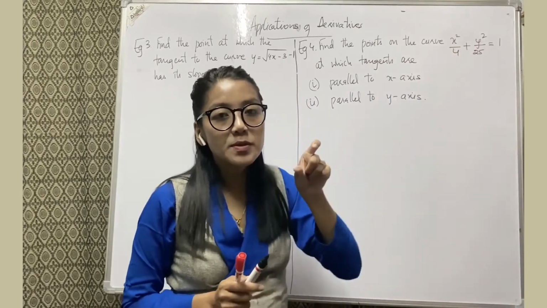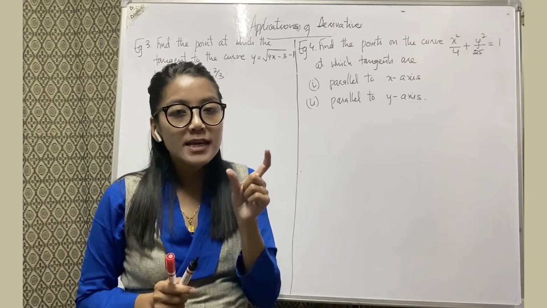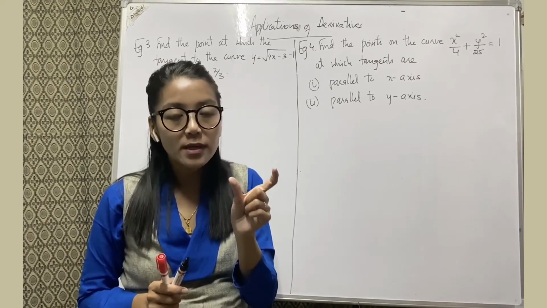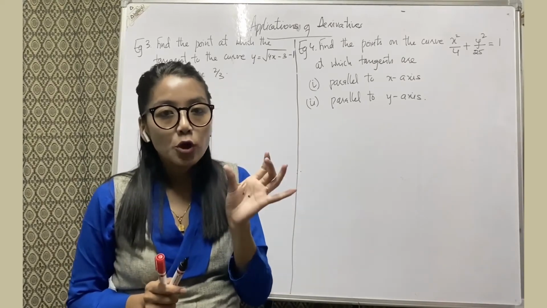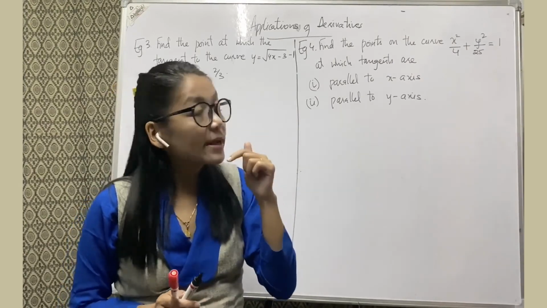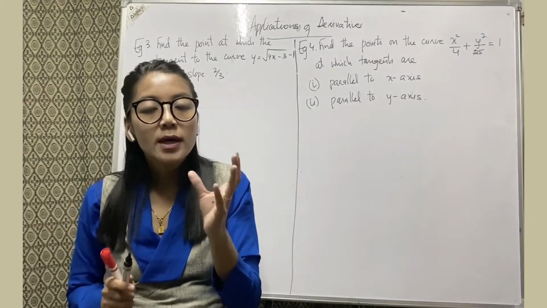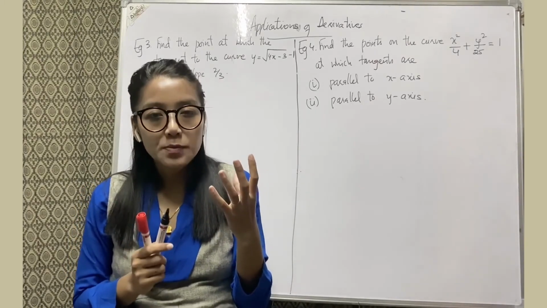In the equation of ellipse, you will have x square and y square, a quadratic polynomial, and the sign of both x square and y square will be the same.